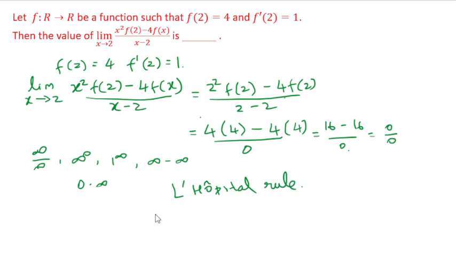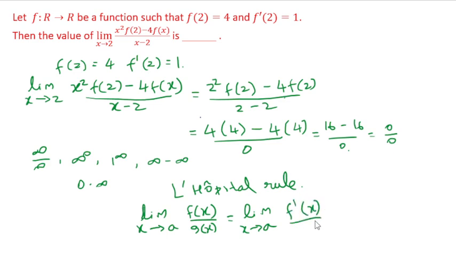This rule states that if limit x tends to a, which may be any number, of f of x over g of x, a rational function, becomes any of these indeterminate forms, then it equals limit x tends to a of f dash of x over g dash of x.